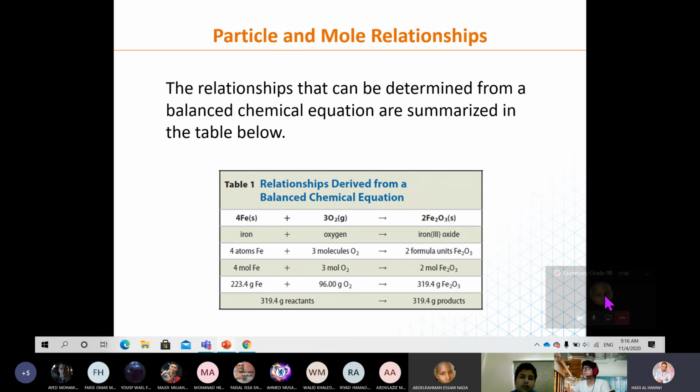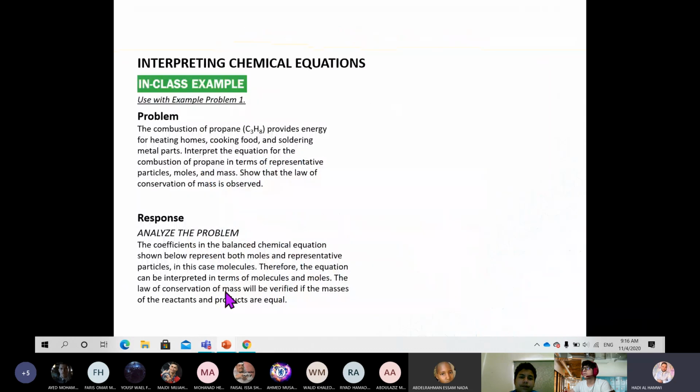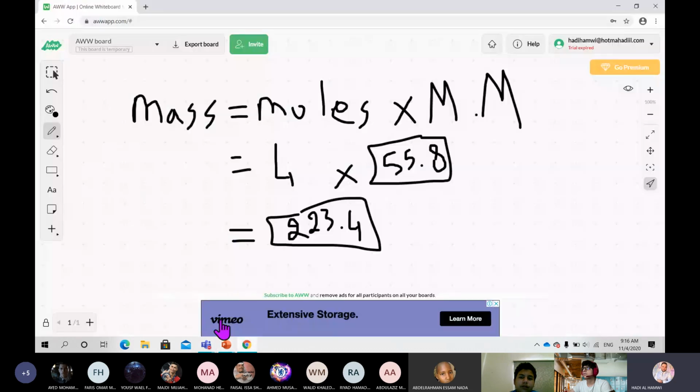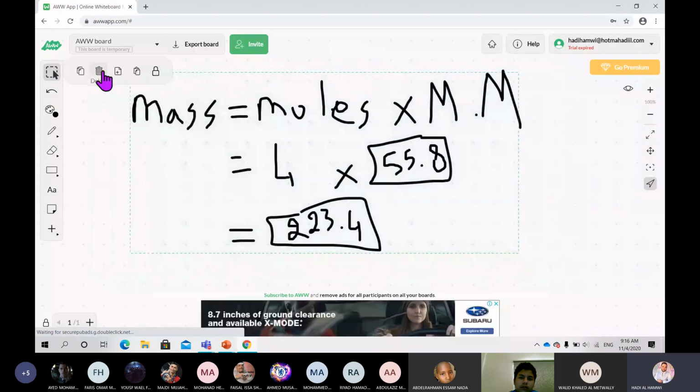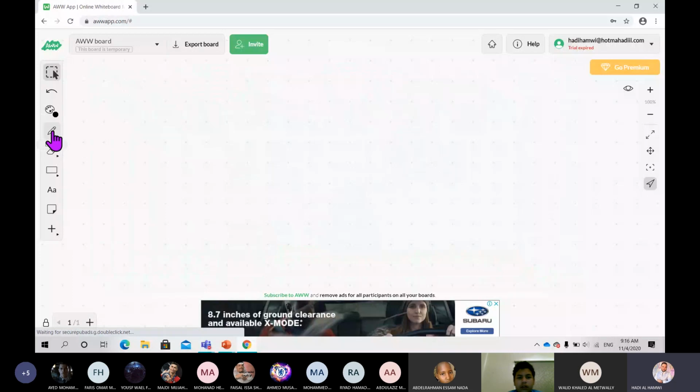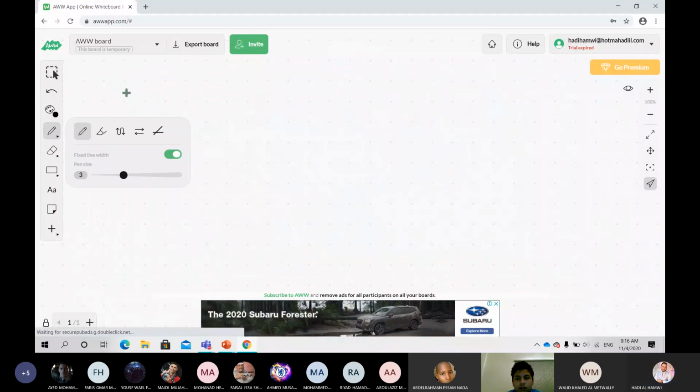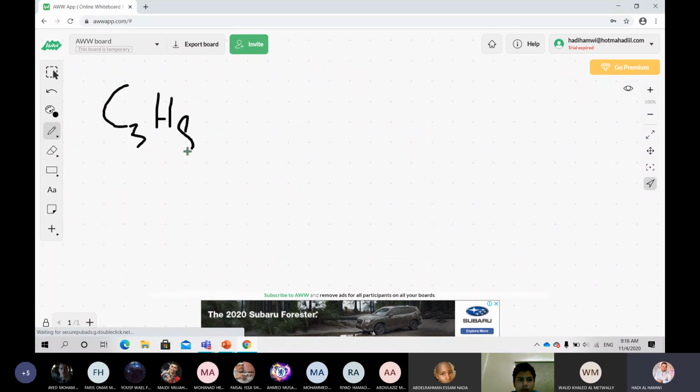Here, for example, we have C3H8. They want to find the different relationships as in the previous one. So we have C3H8, and look in the question, it undergoes combustion. What is combustion? Keep it in mind.